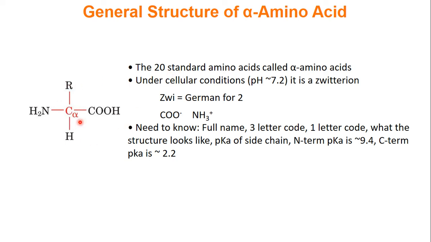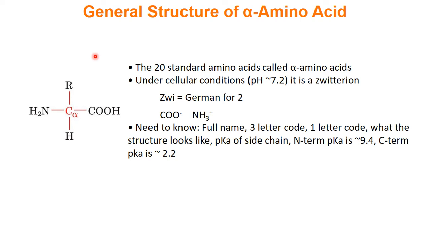And attached to this carbon alpha is also a hydrogen. Right? And we say 20 standard amino acids because in general 20 amino acids make up every single protein on Earth. There are other amino acids, a lot more amino acids, but we're going to focus on the 20 standard ones in this video.